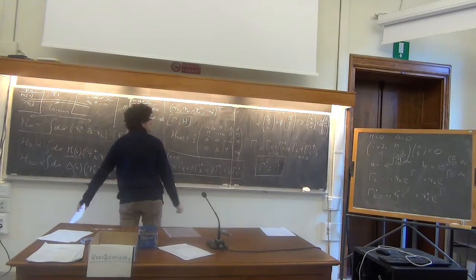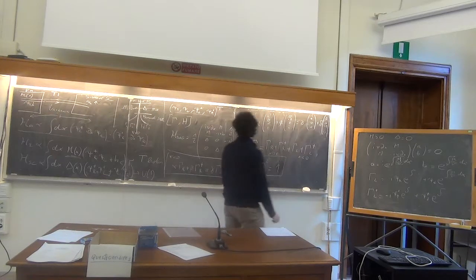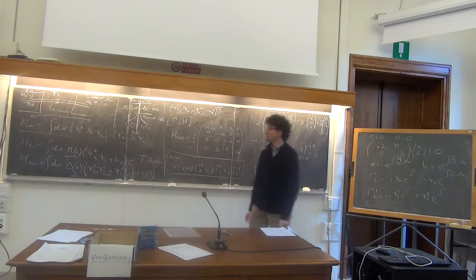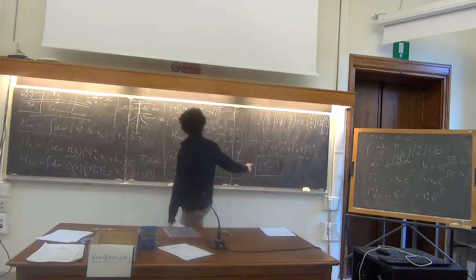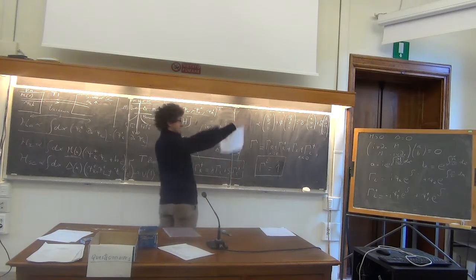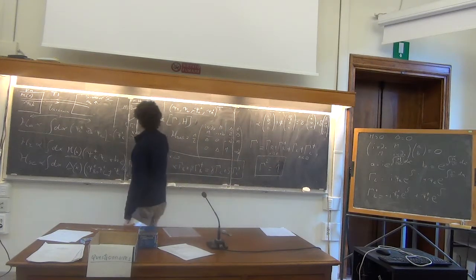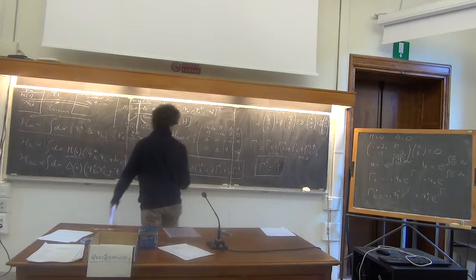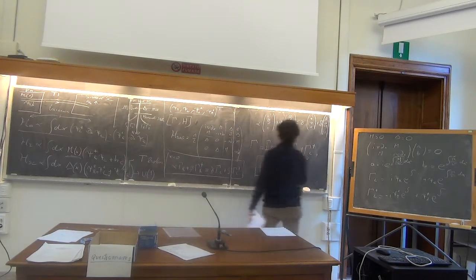So it's a zero energy mode because we built it in such a way that it commutes with the Hamiltonian. It is localized because it has exponential decays on one side and on the other, and you may easily see that it is real.